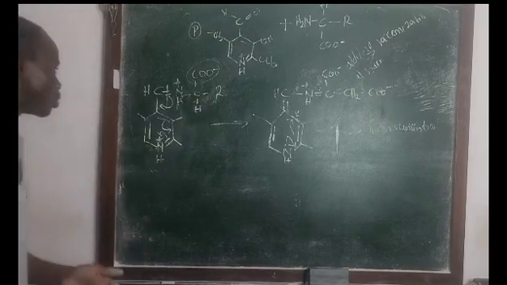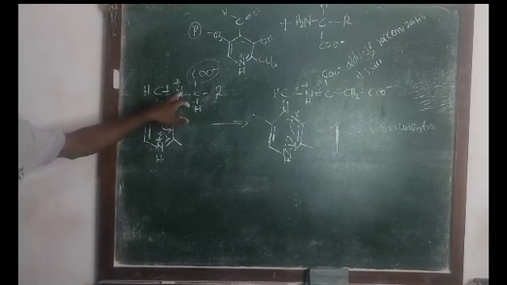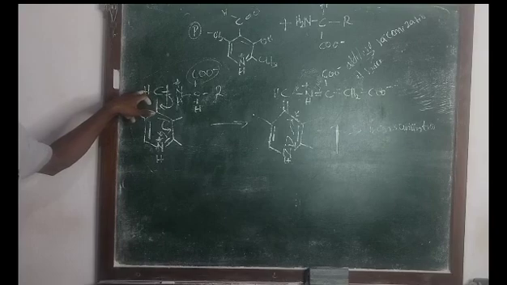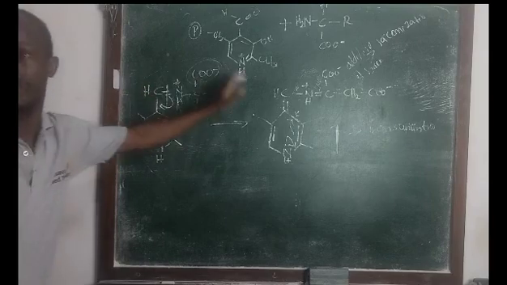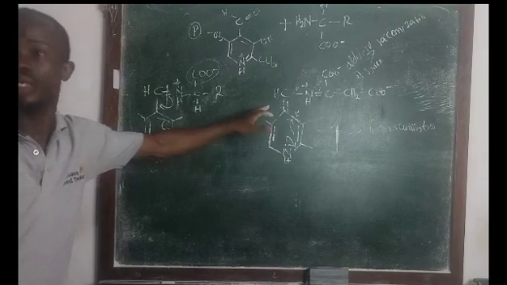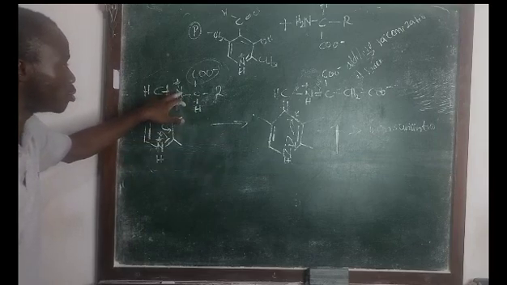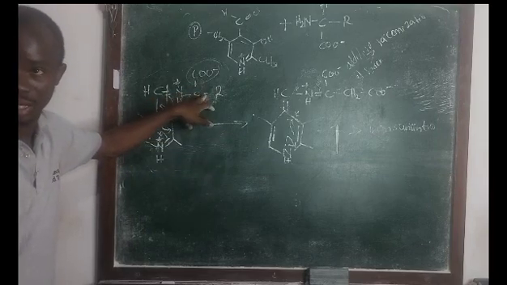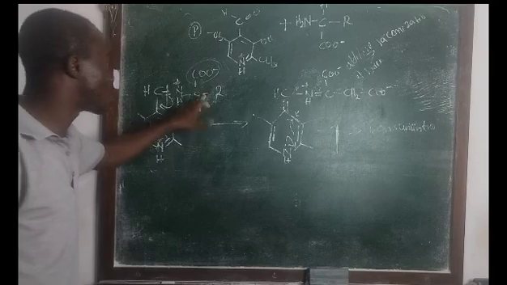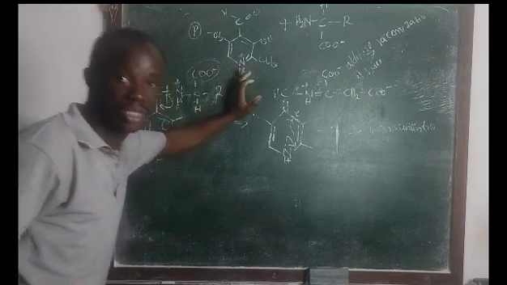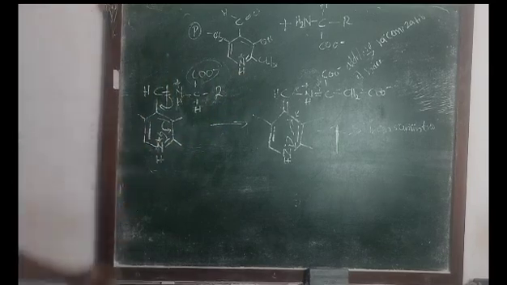I can hydrolyze the bond between this N and C, and I'll get pyridoxal and the amine of that amino acid. In a similar way, I can hydrolyze the bond between this N and this C. In that case, this one will come out as an aldehyde, while this one will come out as pyridoxamine.